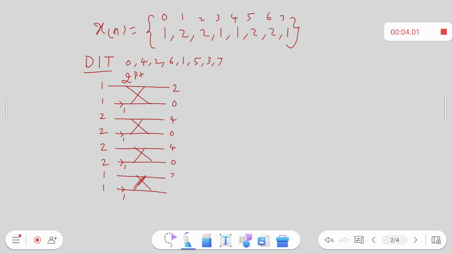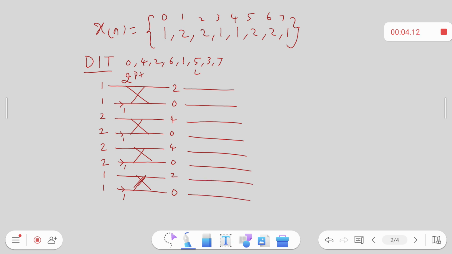0 2 0. Now we are going to calculate a 4-point sequence. In 4-point sequence, the upper two values are taken as A, and then the lower values are taken as B. So likewise we need to draw lines from A to B, and B is multiplied by W8^0 and W8^2.